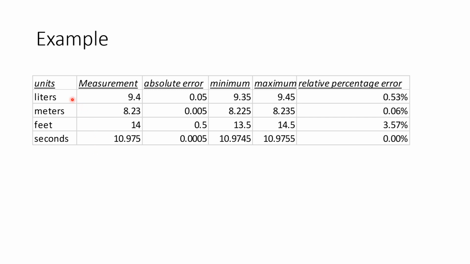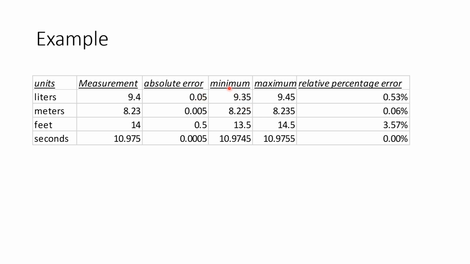This is pretty much saying the same thing. So here's an example. Now units are important. So here you see liters, meters, feet, and seconds. And those liters are important because they follow along and appear in other ones. But suppose I measure something to be 9.4 liters. Well, I could be plus or minus half of the last digit. And so that is the 10th digit. So this is 0.05.